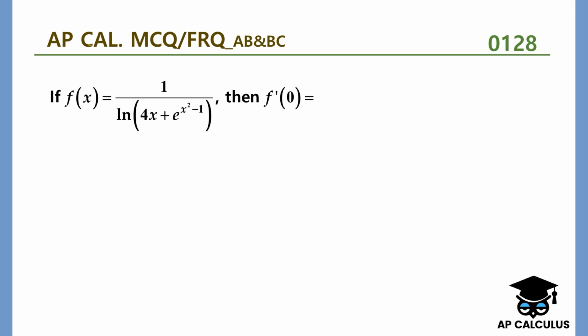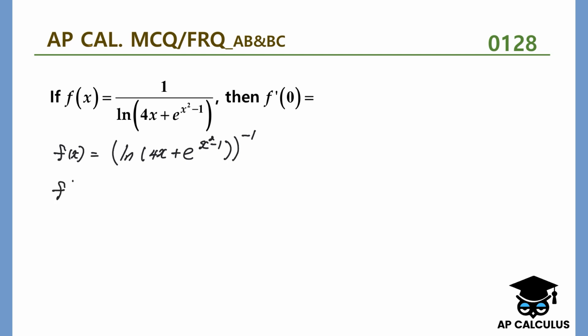In this case, we don't have to apply the quotient rule, right? What we can do is rewrite this function as f of x is equal to (natural log of (4x plus e to the x squared minus 1)) to the power of negative 1. And then find the derivative of this function.